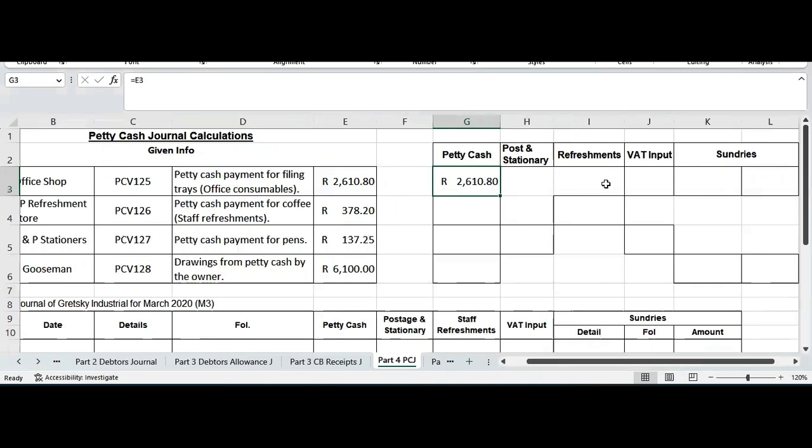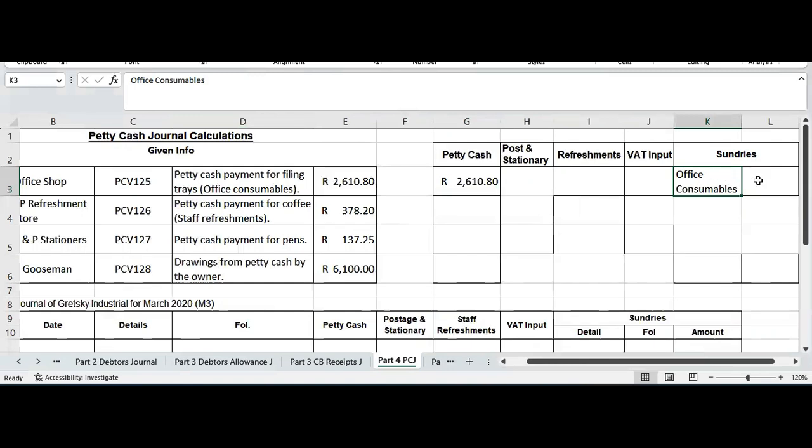Okay. Now it is for office consumables, but our columns that we were told to use are postage and stationery, refreshments, and VAT input. So office consumables is not one of our main columns in the petty cash journal. So therefore, it will be a sundry entry, and then the account that it will reflect in is office consumables.